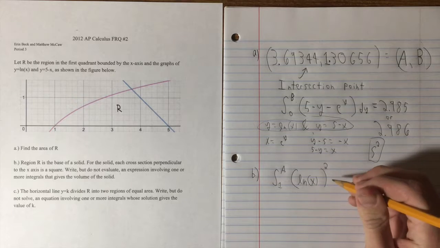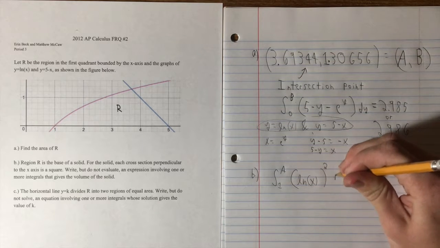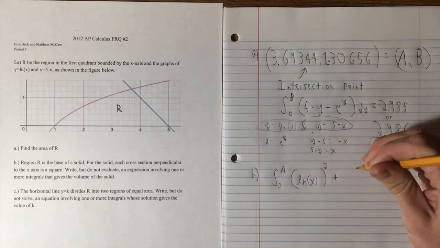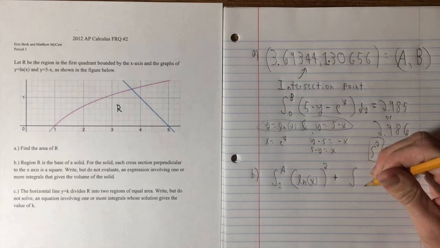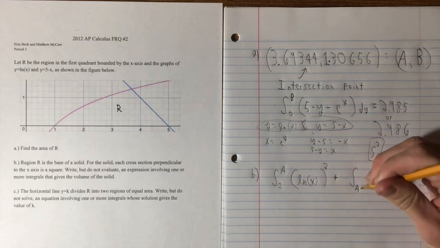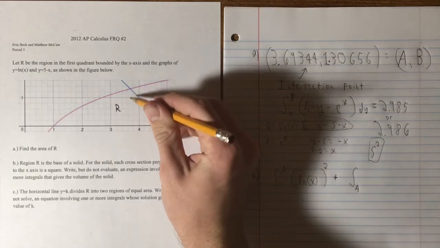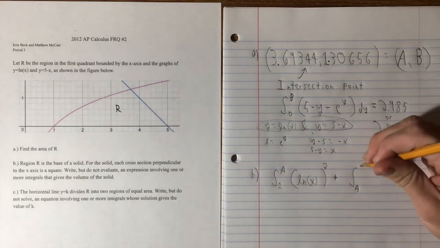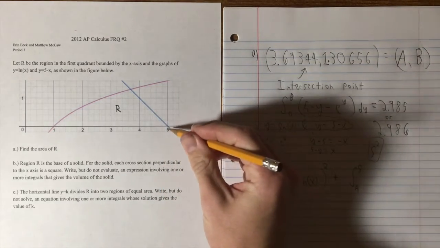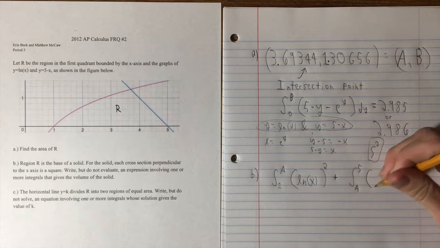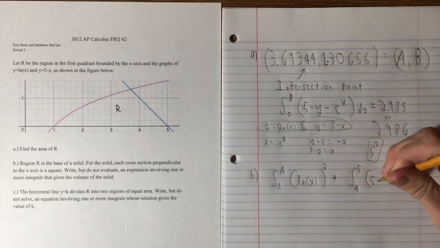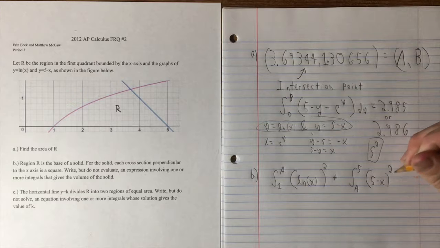So this is the s and you're squaring it. Then you're going to say plus the integral from a, because again that is the x value of the intersection point, to 5, because that's where the end of the graph is, of 5 minus x all squared. And remember the dx there.